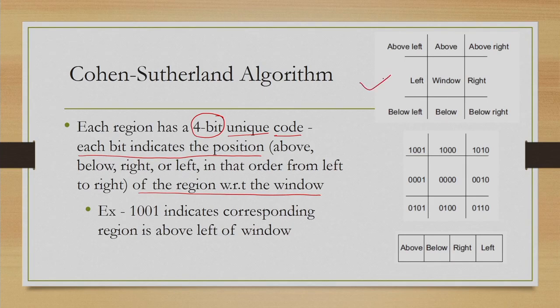So, this is the 9 region representation, and these are the codes assigned to these 9 regions. Note here that each code is unique.